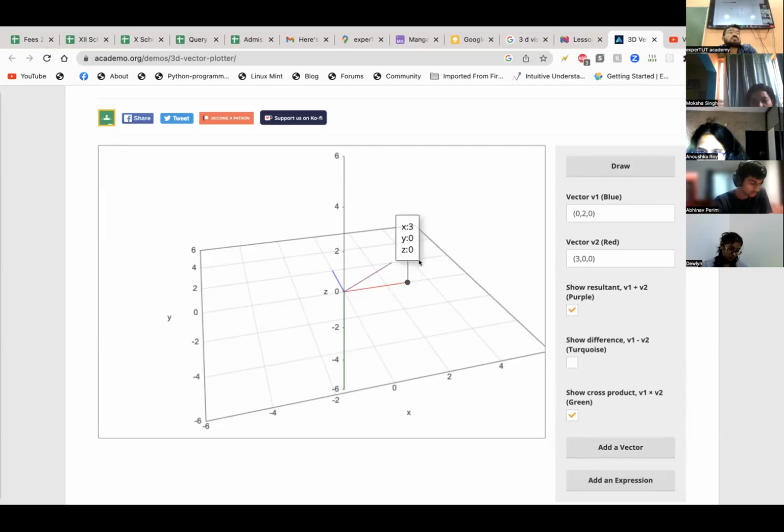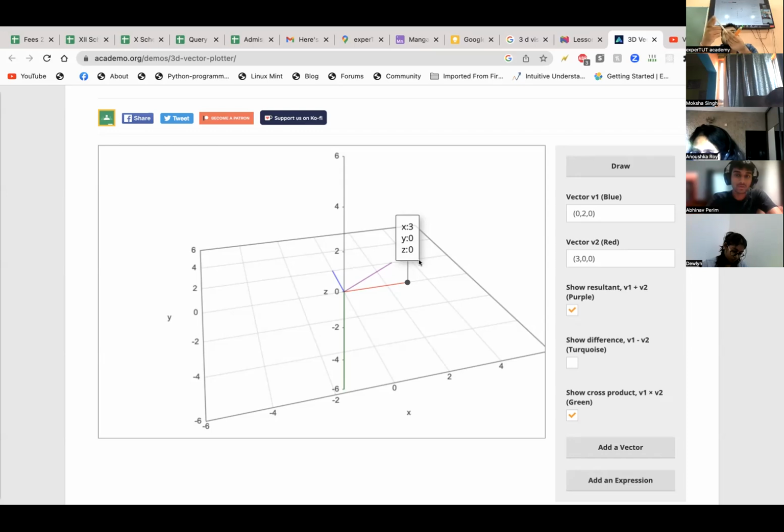Two vectors define one plane. This requires two dimensions. If you have a plane, how many dimensions do you need to define a plane? At least two, right? Understood?